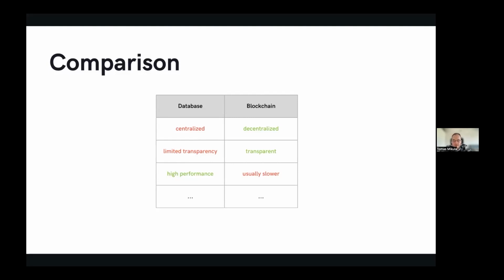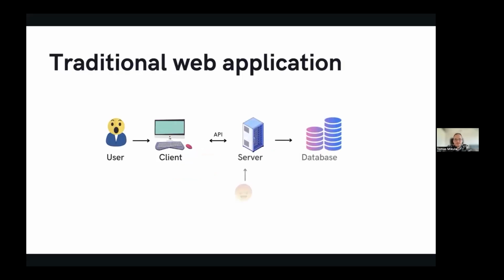We will talk about the advantages and disadvantages of that as well. And the downside is that it's usually slower. It's significantly slower. So when you try to save something on the blockchain, it takes time. So these are the main differences. What I want you to remember is the difference between the database and the blockchain itself.